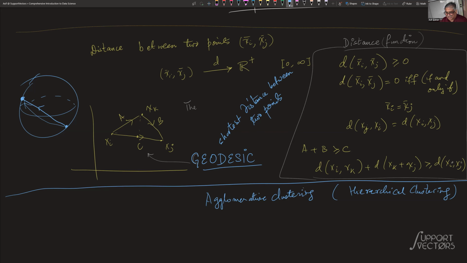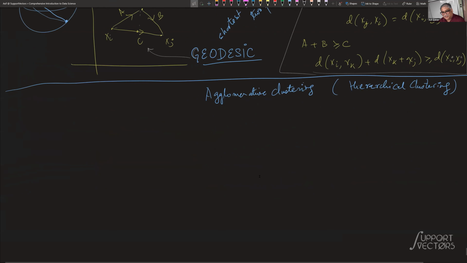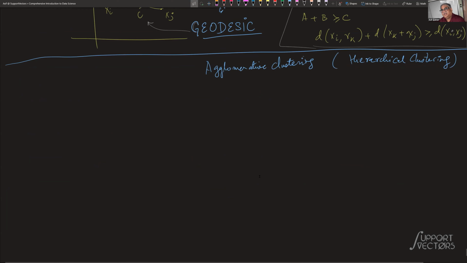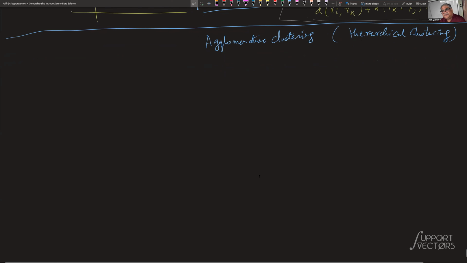You'll see why the word agglomerative comes in here. Now, this is a different clustering method that is often, in many ways, people feel is more intuitive and gives you more freedom, but it is computationally much more intensive than k-means clustering. So the way you do that is, suppose you have data points.